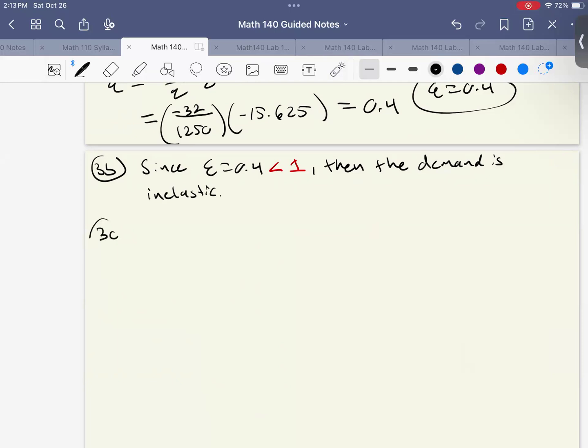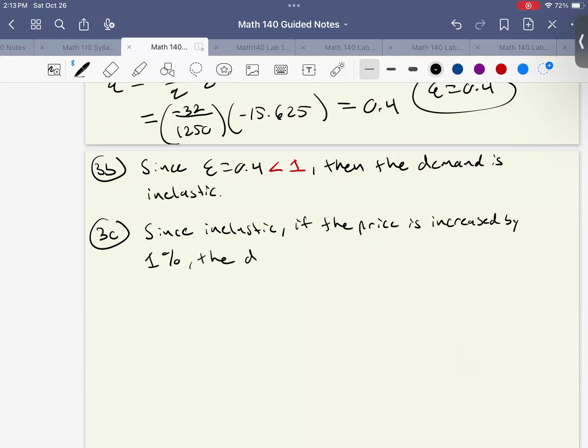So we found our point elasticity is inelastic. So what does that mean in interpretation, right? Talking about a 1% increase in price, what's going to happen to the revenue? So what I'll say here is, since inelastic, if the price is increased by 1%, right? That's what we're talking about.